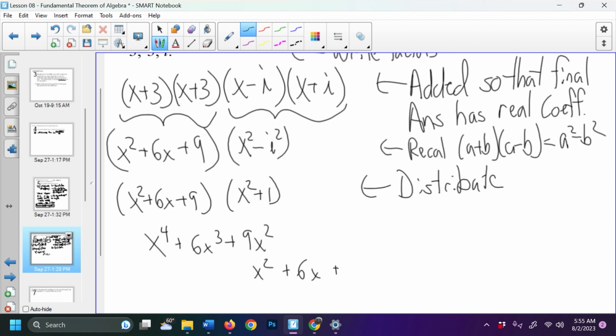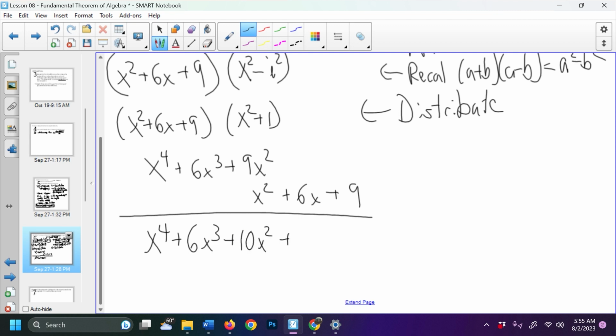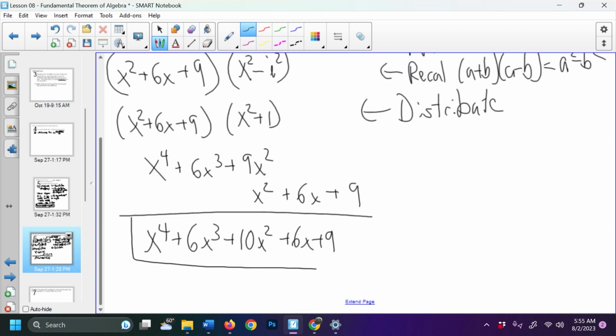And then 9 times 1 is just 9. And then I'll add, and I'll say my final polynomial here is x to the 4th plus 6x to the 3rd plus 10x squared plus 6x plus 9. And I have written a polynomial that has all of those zeros.